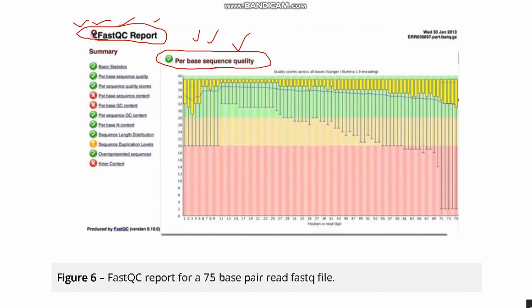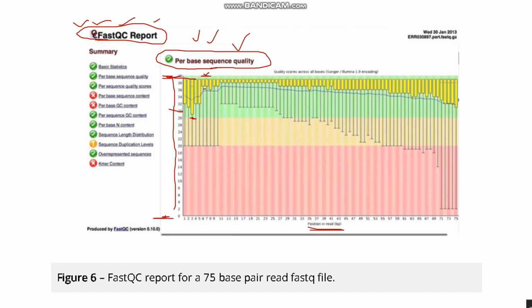The Phred score ranges from 0 to 40, and the position on the read, the base pairs, is 1 2 3 4 5 6, like this. The Phred score of these two is very low, and the base call of this is very high.